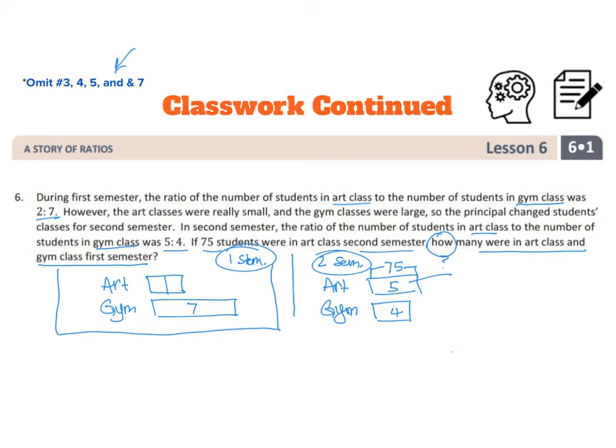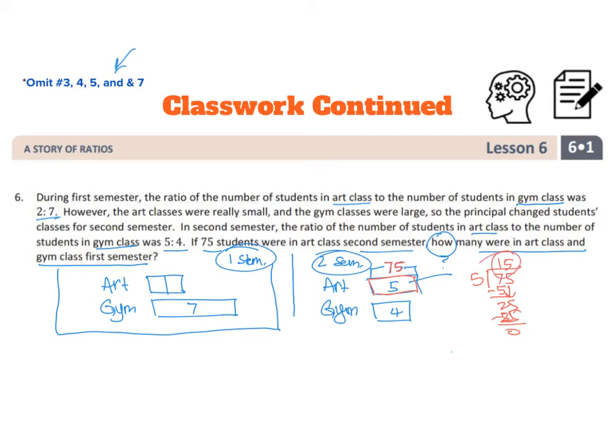So if this 75 represents the 5 units here, I'm going to take 75 and divide by 5. 1, 5, 2, 5, 5, 25. Got that. So each unit is worth 15.